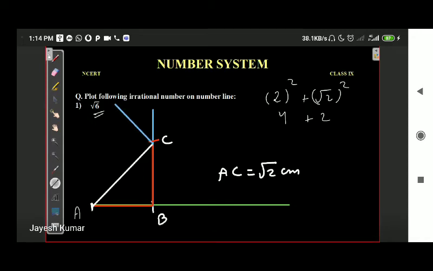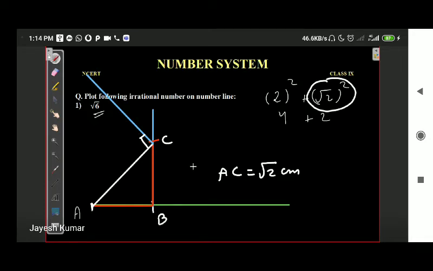In this manner, I have drawn this line perpendicular to AC. This angle is 90 degrees. So I get under root 2 as one of the sides.